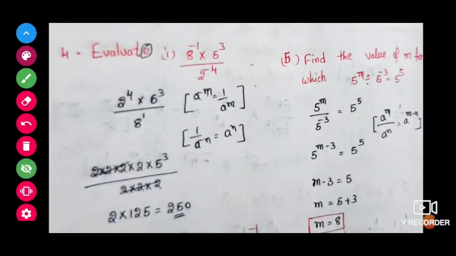Next, evaluate 8 to the power minus 1 into 5 to the power 3 by 2 to the power minus 4. First, if you will see here, two numbers are having the negative exponents. So, to make it as positive exponents, send numerator thing into the denominator, denominator thing into numerator.